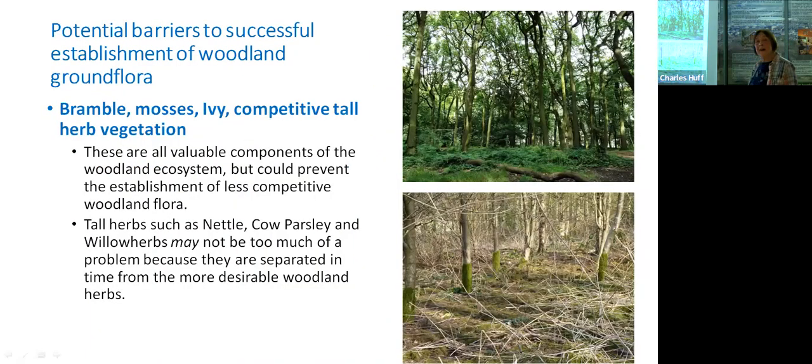What you might find in some of your woodlands is a lot of moss on the surface. I would rake that out, I think, rather than sowing over or into the moss. Bramble, ivy, oh, it is a part of the woodland ecosystem. It's a legitimate part of the ecosystem. It's good for ground nesting birds and small mammals and so on. So it does have a role, but it is almost incompatible with a woodland ground floor.